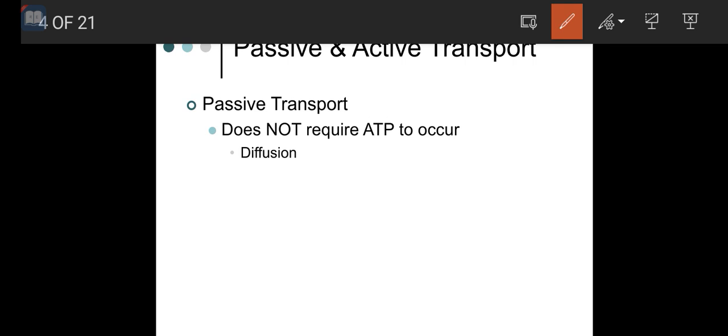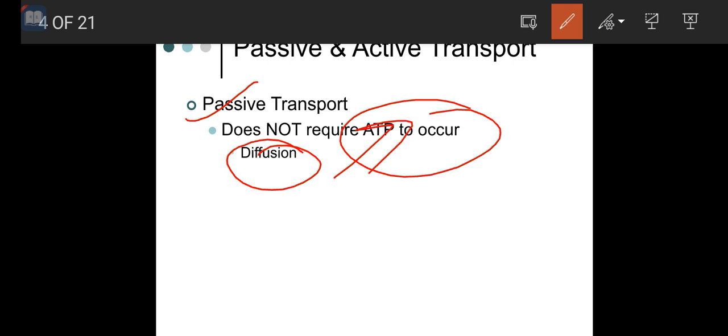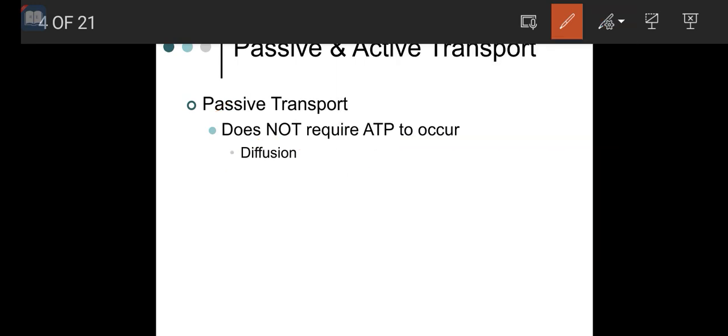What is passive transport? Passive transport does not require ATP to occur. In a diffusion process there is no need of ATP to transport things, because it is easily transported in short plants by the process of diffusion.